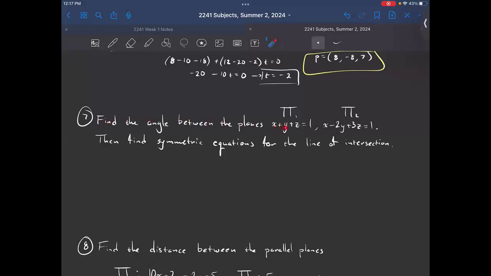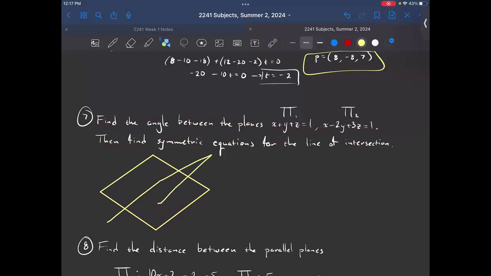Find the angle between these 2 planes. Then find symmetric equations for the line of intersection. All right, so this one's a little bit tricky to think about, but we can draw a quick picture that hopefully will illustrate what's going on. So here is one plane. And I'll put in a second plane. And we'll be able to say what the deal is here.